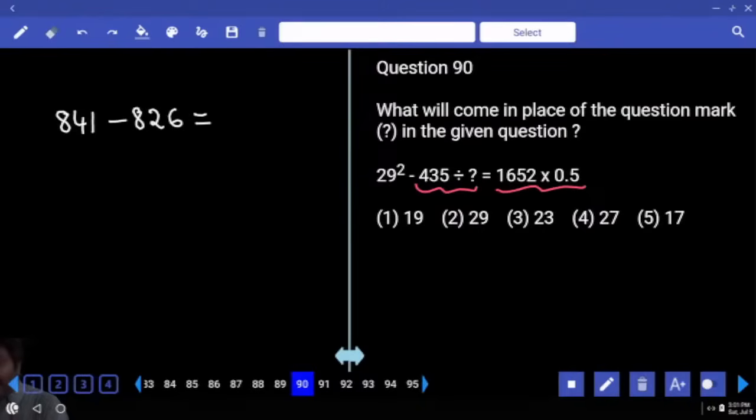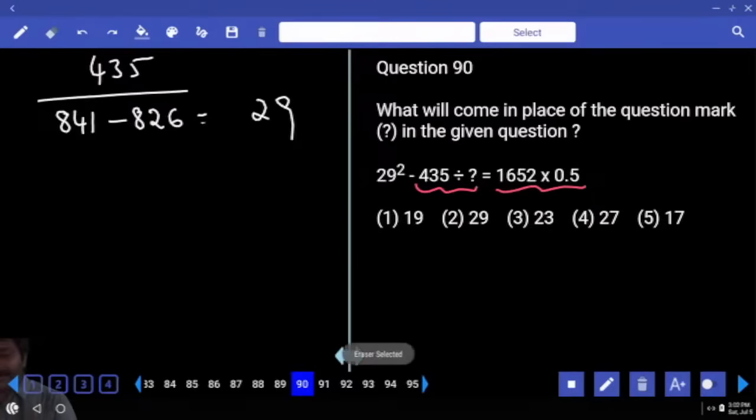So can I write it like this? 435 divided by something. 841 minus 826. 800 cancel first of all. 41 minus 26, 15. 15, 3 times, 30 times. How much less than 450? 1 time less than 30 times only. 29 times.